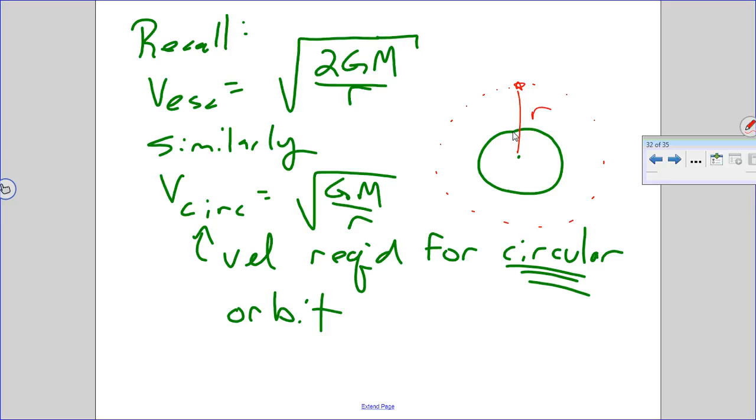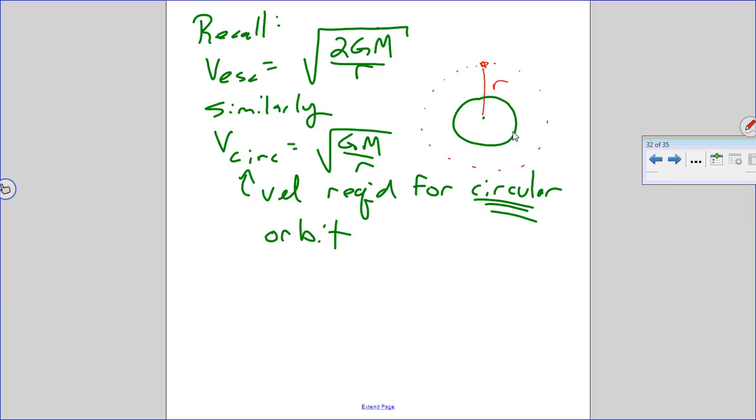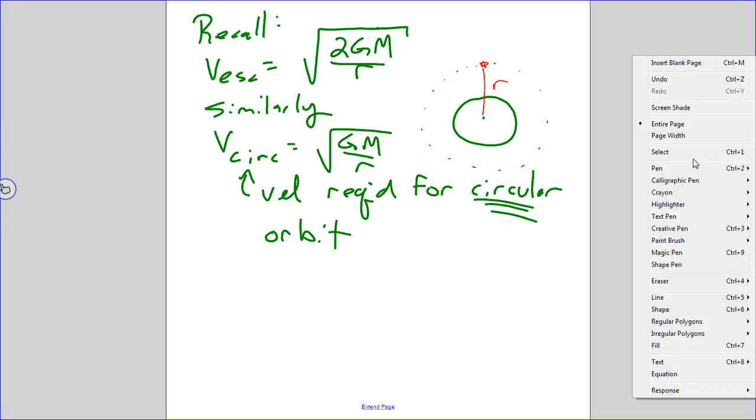All right. So now the question becomes: what happens if we're orbiting the moon, but we're moving faster than this velocity or slower than that velocity? So here's our object that we're orbiting. Here's our satellite.